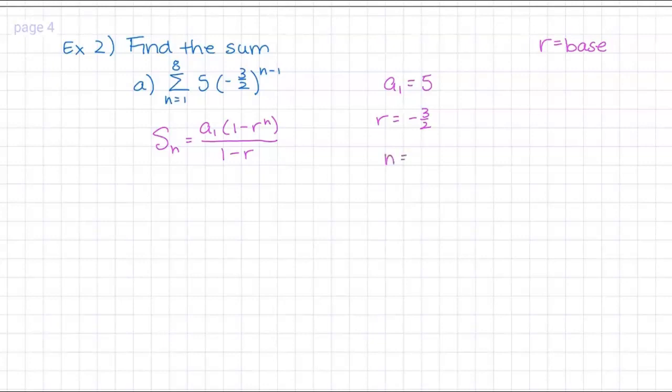We need what n is. Well, the number of terms from 1 to 8 is 8. So now we can plug in. The 8th partial sum is 5 times 1 minus negative 3 halves to the power of 8, all over 1 minus negative 3/2.